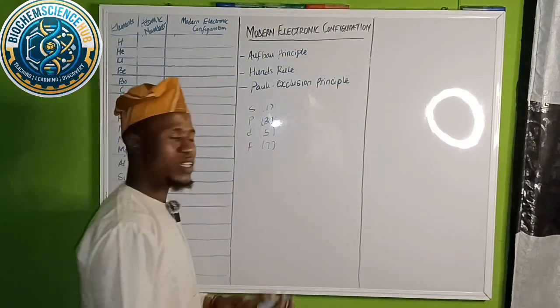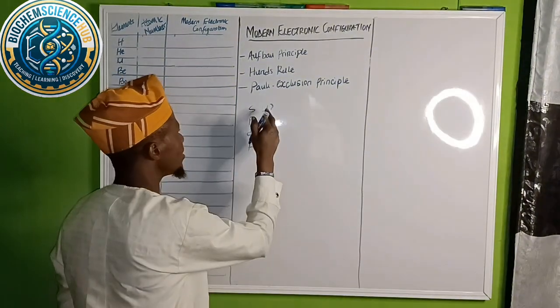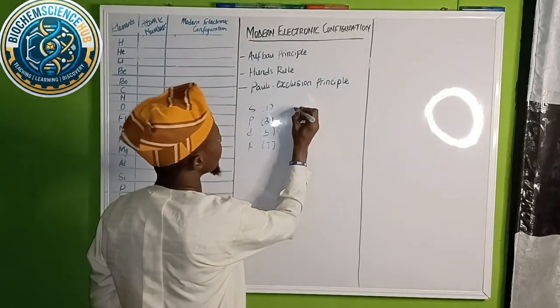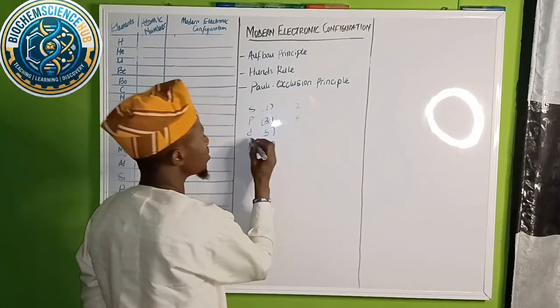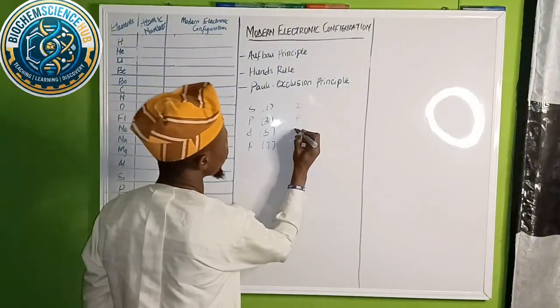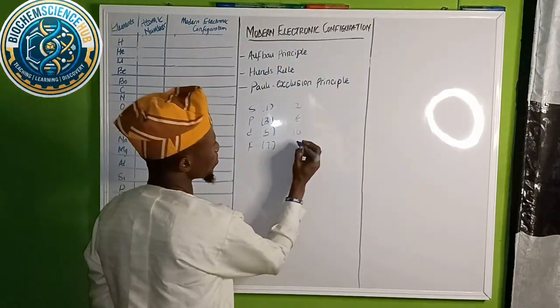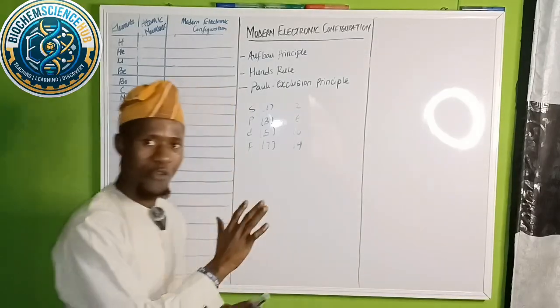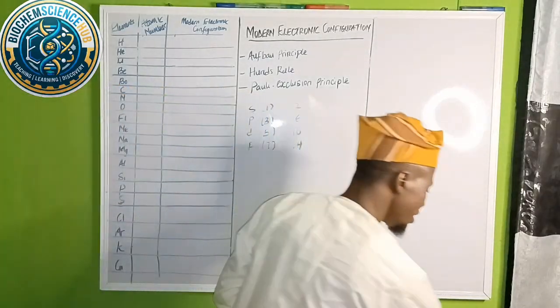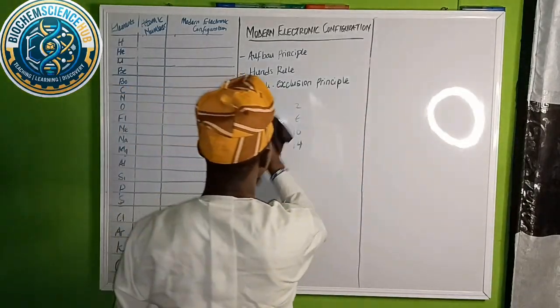Each orbital holds a pair of electrons, so multiplied by 2: s is 2, p is 6, d is 10, and f is 14. Hope you've gotten this.